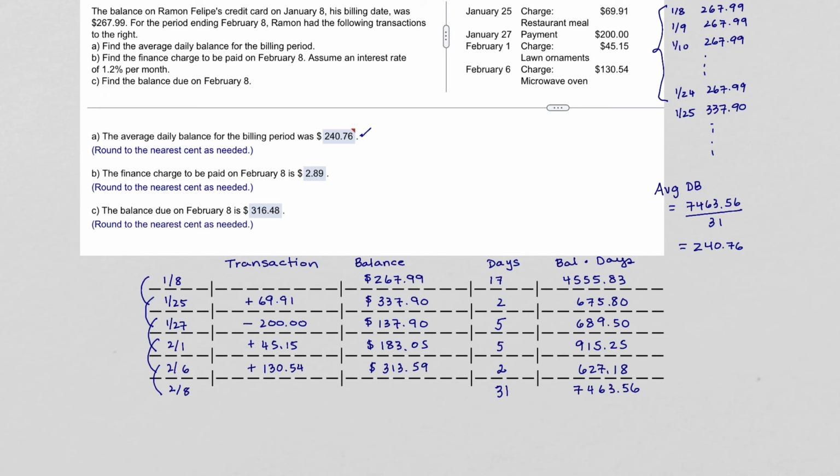Now I need to find the finance charge. So the finance charge comes from taking that average daily balance and multiplying it by the monthly interest rate. So in this case, they said that was 1.2% per month.